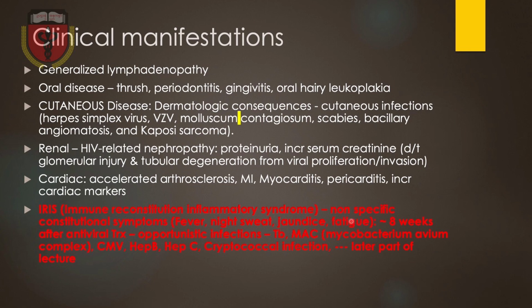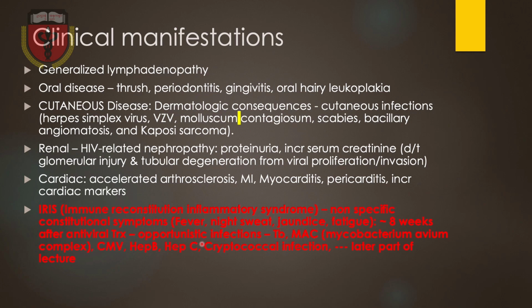Any of these non-specific constitutional symptoms in HIV patients who have had at least about 8 weeks of antiviral therapy. So once the patient gets on the antiviral treatment, and once they have about 2 months of antiviral treatment, a fair number of those patients would develop IRIS.